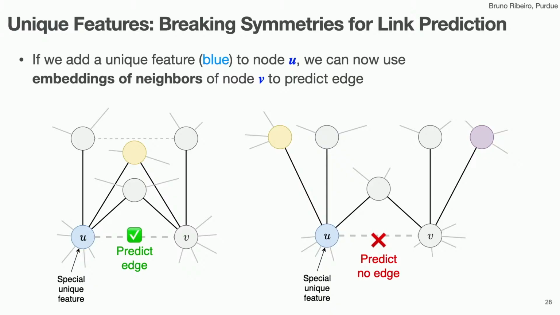You can. Because this node here, for the second layer, it can see that it has reached this unique feature. Therefore, there must be 1, 2, 3, 4 common neighbors. It can count those. And that's what allows you to do link prediction, for instance, in this case. But more generally, it's a joint representation between U and V. That's what it creates, because it's conditional on U.